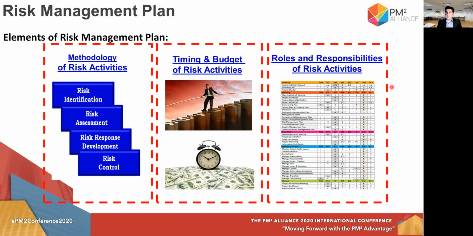And here, a great help is the RASCI diagram that we already have inside the PM2 guide, where it says for specific risk activities, who is responsible, who is accountable, who is informed, etc. For example, as you can see here, and it is pointed out with a laser, for the risk management plan, accountable is the project owner, responsible is the project manager, but the project manager, who is actually doing the work, can ask the consultant of the business manager and of course the project steering committee.